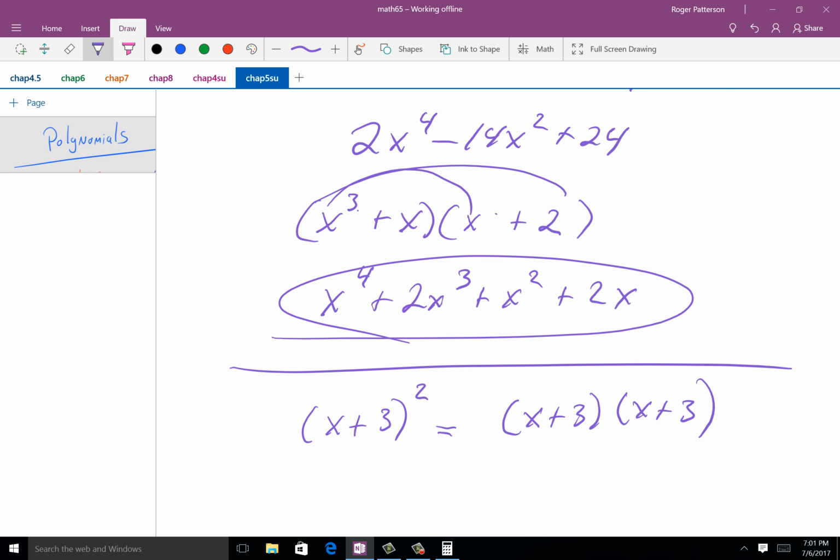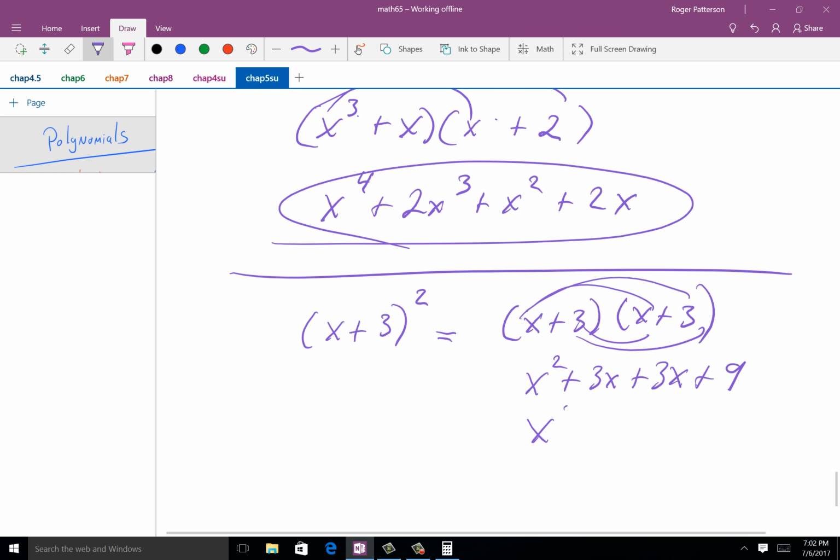Taking something to the second power is repeated multiplication. Now that you've written it twice, you FOIL it. So if you see anything to the second power, write it twice. You just FOIL it. That's all you gotta do.